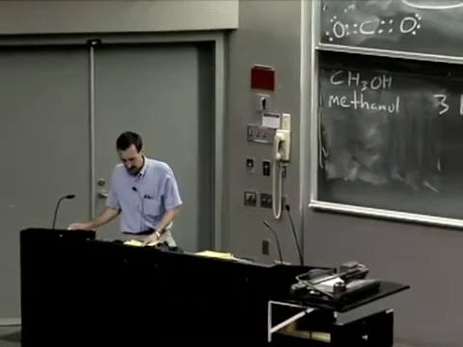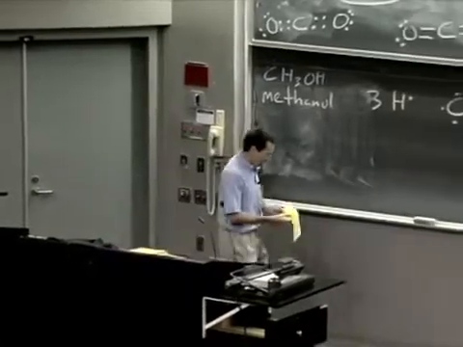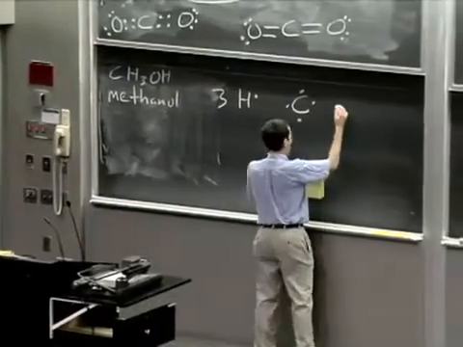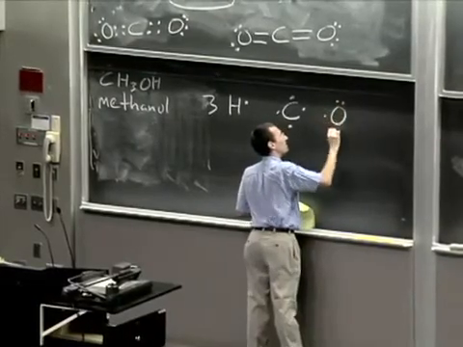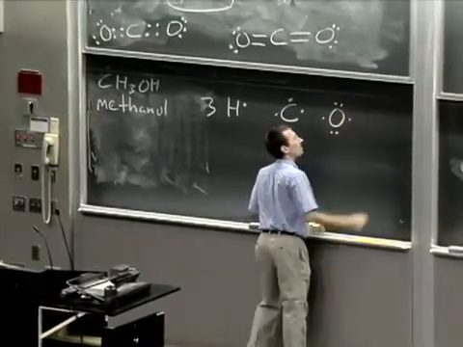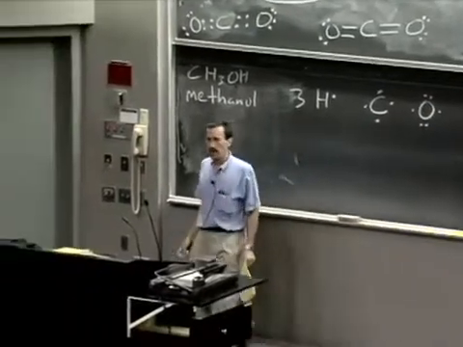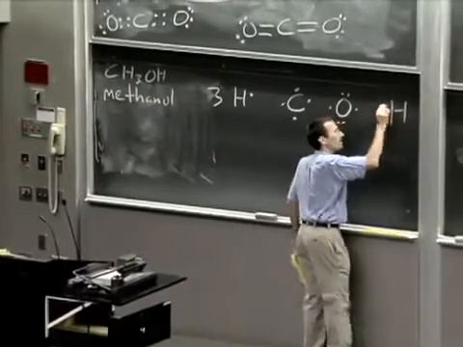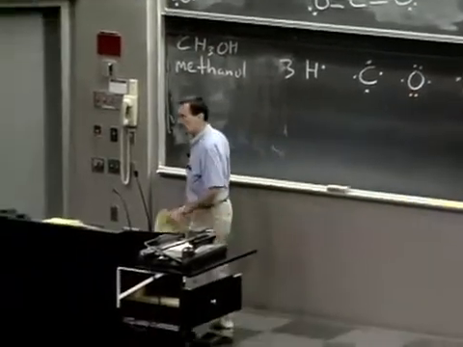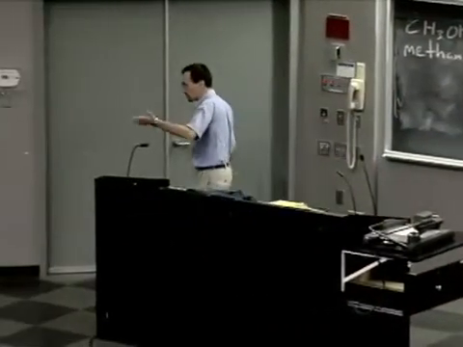We bring in an oxygen with 6 electrons. And we bring in a hydrogen with its electron. And the first time you see it, you just say CH4O, methanol.